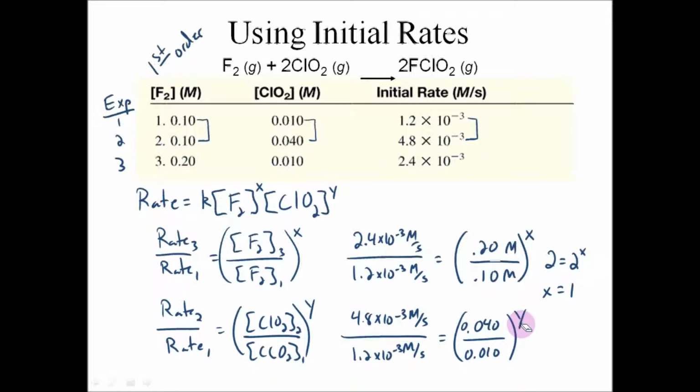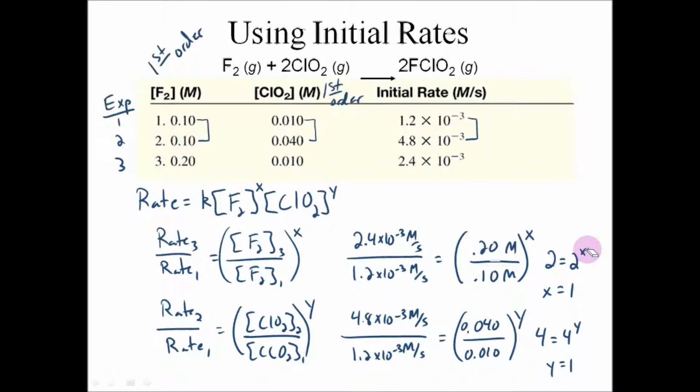And we solve for y. And here we can see once again, we're going to get 4 equals 4 to the y. Once again, we have a situation where we are first order. Our exponent is a 1.